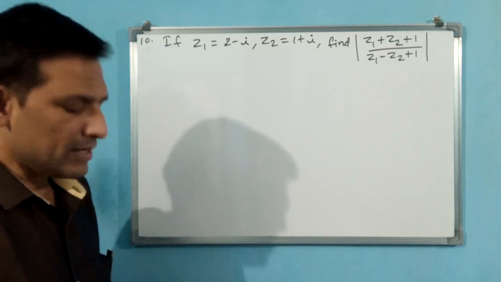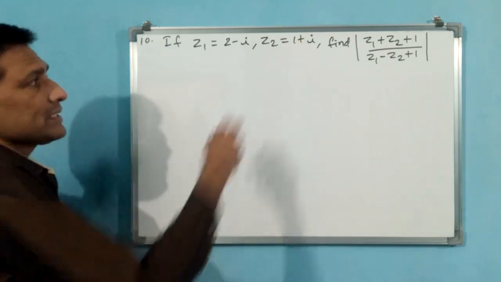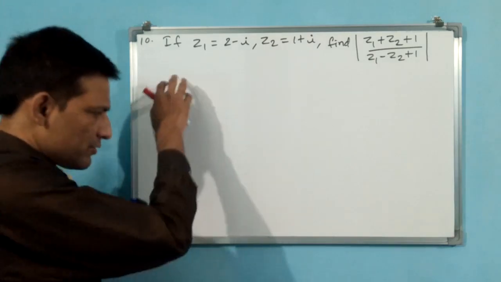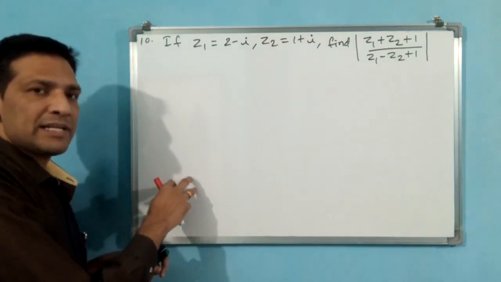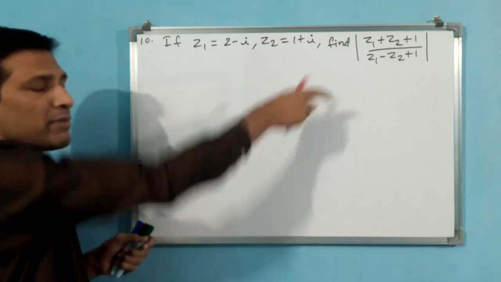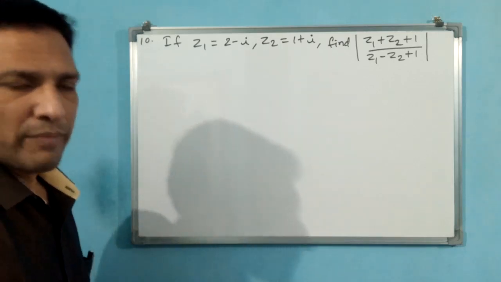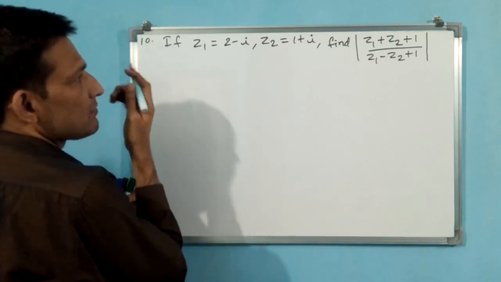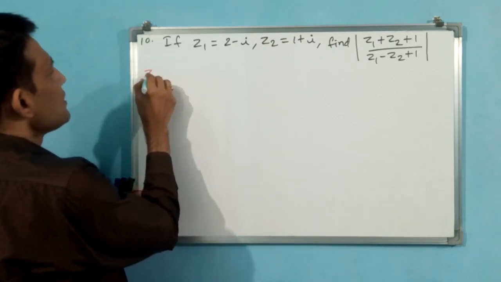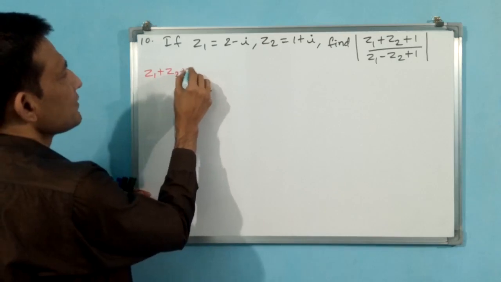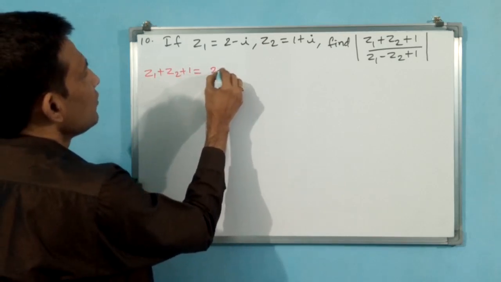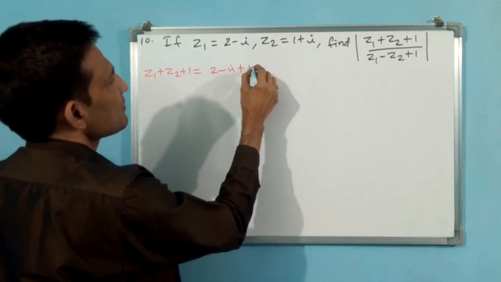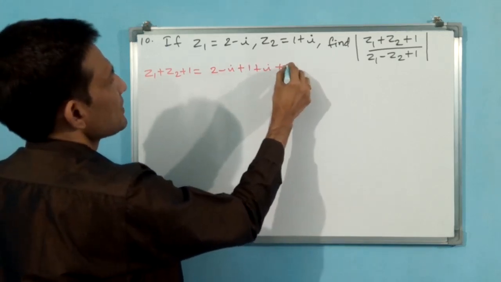A square plus B square under root. Let us do the numerator separately and the denominator separately, then do numerator by denominator, rationalize, and finally one number is going to come. That number finally you have to take the modulus of. Let us do first Z1 plus Z2 plus 1. Z1 plus Z2 plus 1 is equal to 2 minus I plus 1 plus I plus 1.